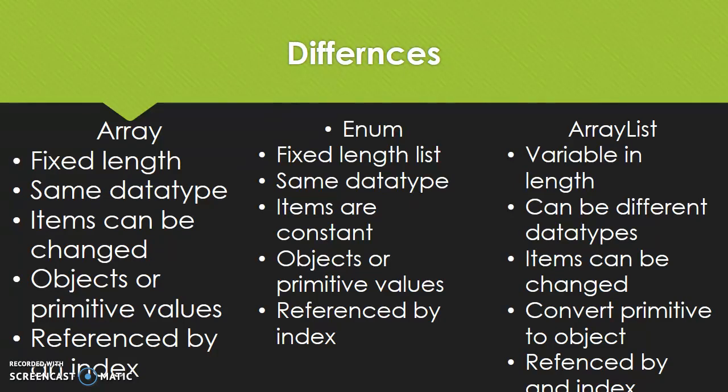An enum is fixed length, same data type, items are constant, objects or primitive values only, and referenced by index. An ArrayList is variable in length, can be different data types, items can be changed, they convert primitives to objects, and they are referenced by an index.